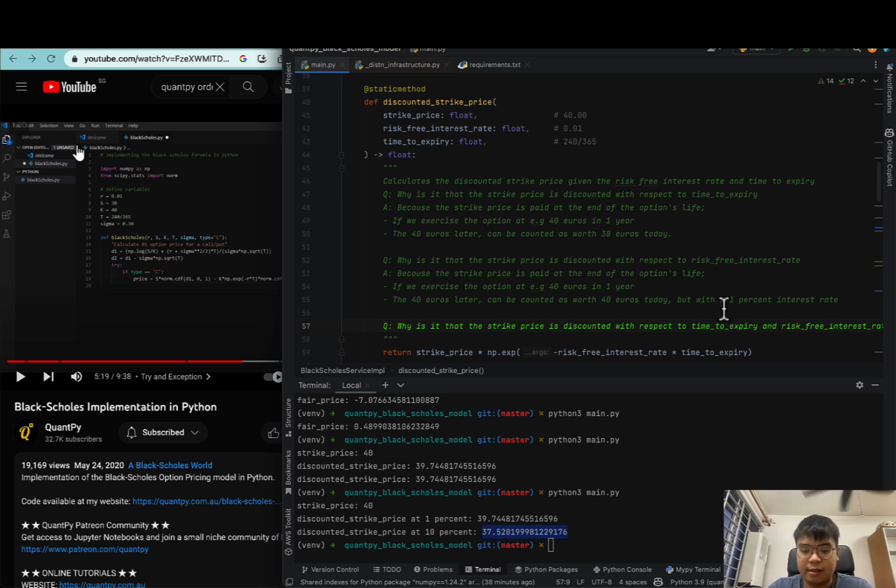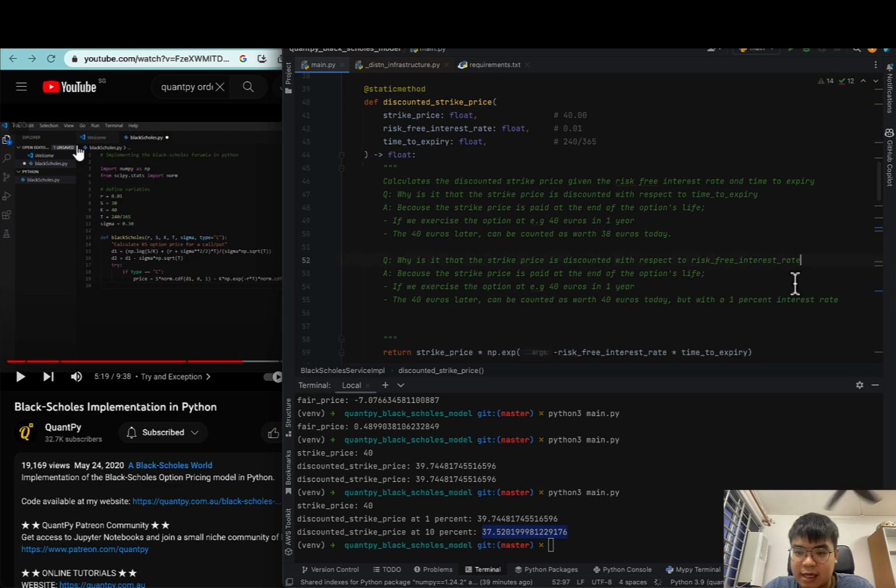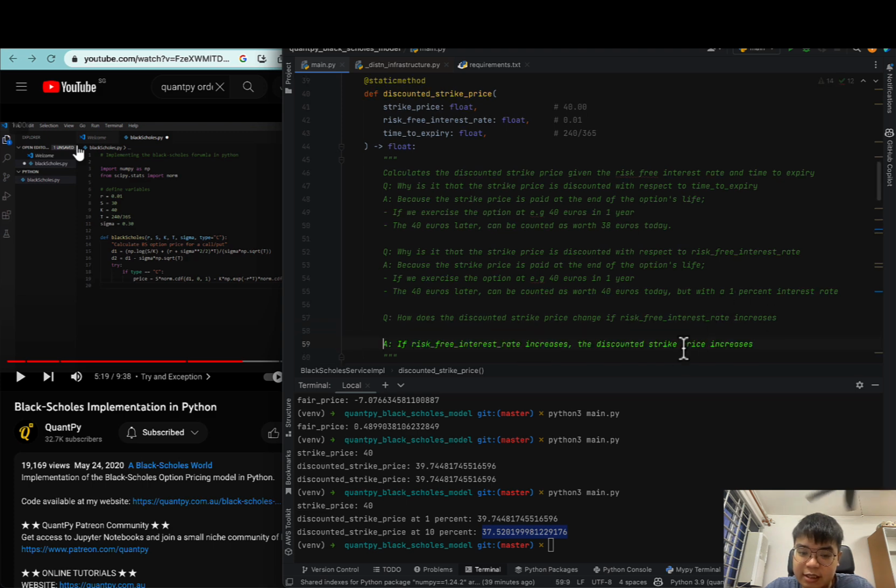We saw that strike price. So next is how does the discounted strike price change if risk-free interest rate increases?